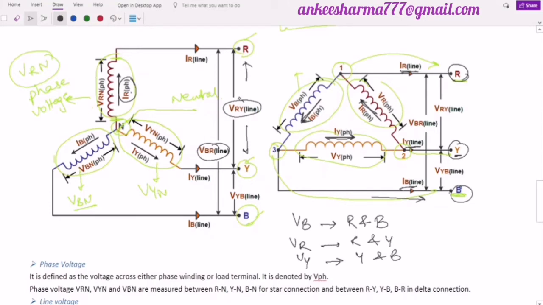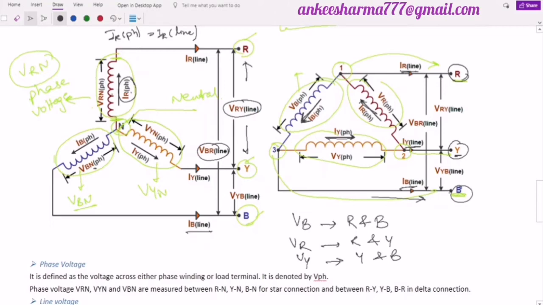So in the star case, we can say IR phase current is equal to IR line current in this diagram. Similarly, the line current IB must be equal to the phase current of the blue coil. Similarly, IY, line current of the yellow terminal, is equal to the phase current of the yellow coil. So depending upon the type of star and delta connection, you can have some assumptions also.